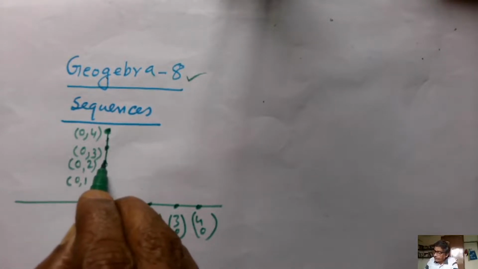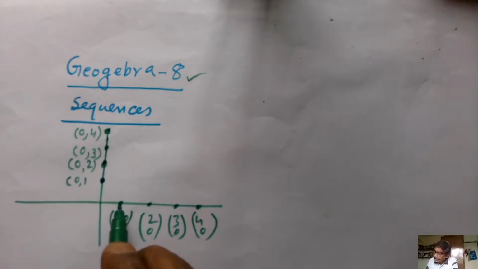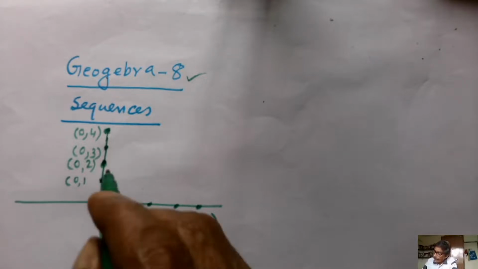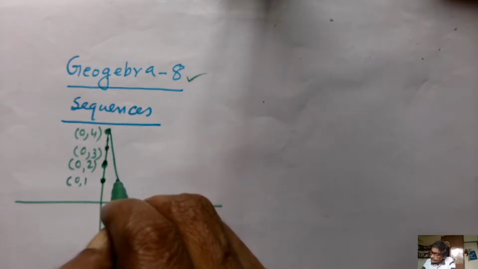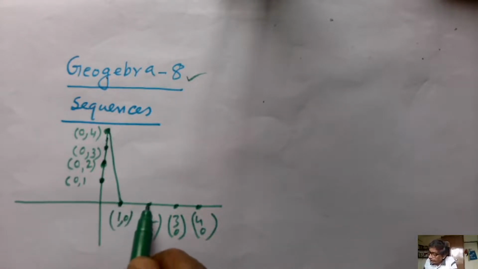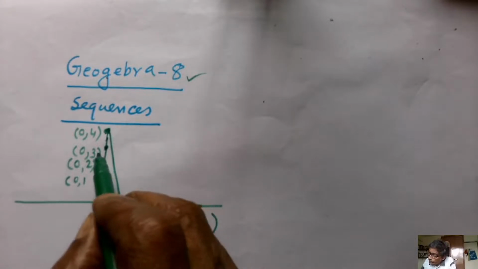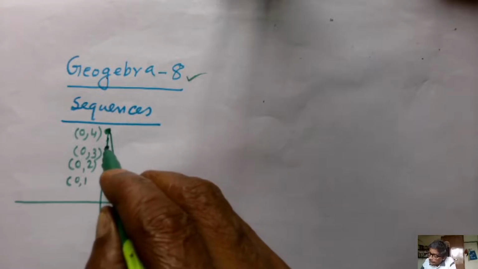Now what I plan to do is this. I will take the first point on the x-axis and join it with the last point of the y-axis. Then I will go to the second point and join the last but one point.